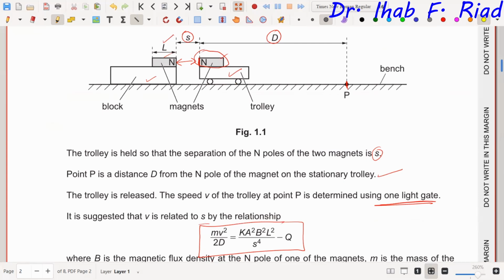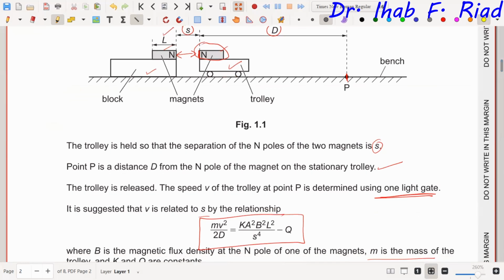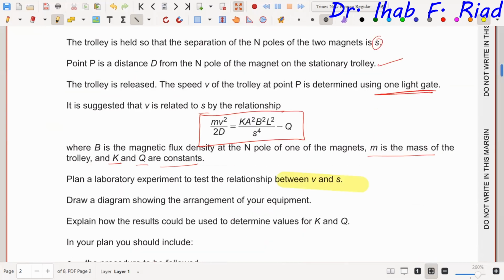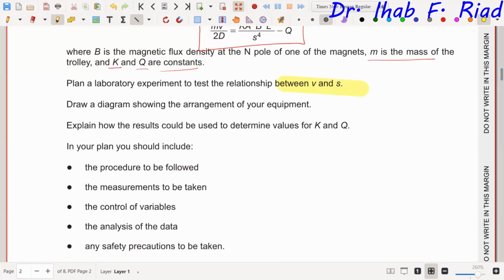Because it can be easily changed. Yes, but not everything that is easily changed is the independent variable. We know which is dependent and which is independent from the statement, and it is either S or V, not D. Because we need to plan an experiment to test the relationship between V and S, right?